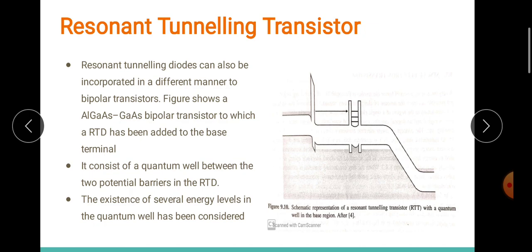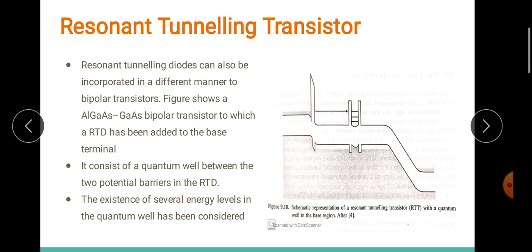So here you may add a diode either to their base region or to their active region, depending upon what material you are using. In the case of aluminum gallium arsenide, we found that the collector current had multiple peaks rather than a single peak, which we have been observing in almost all NDR devices. Due to their multiple energy levels, they can support multiple peaks in collector current.